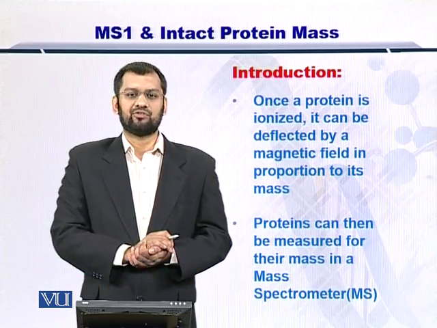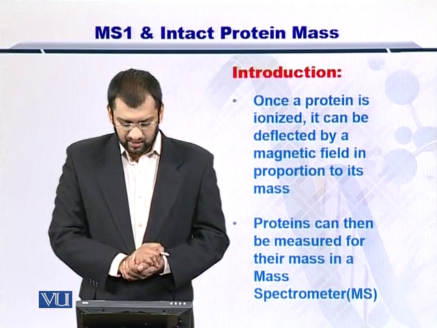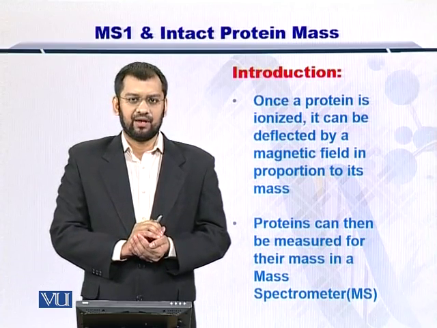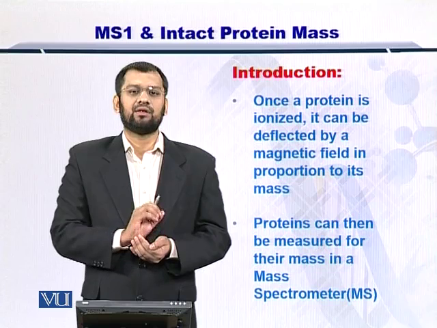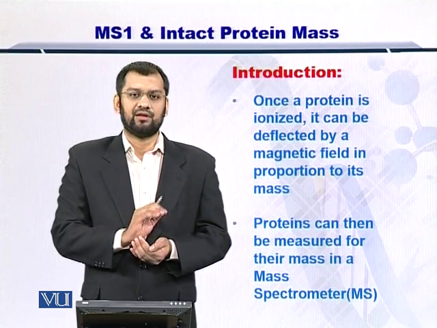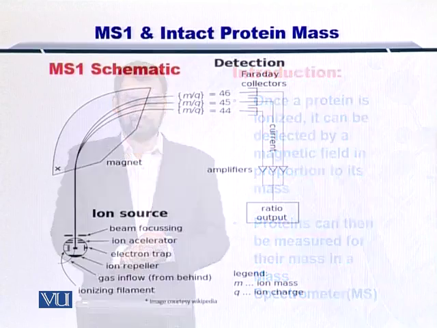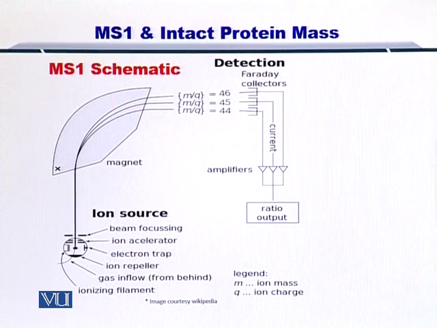We call it the mass over charge ratio. This mass over charge ratio can be measured by looking at the speed and the direction of motion of this intact molecule. Let me show you a schematic diagram of how MS1 works.